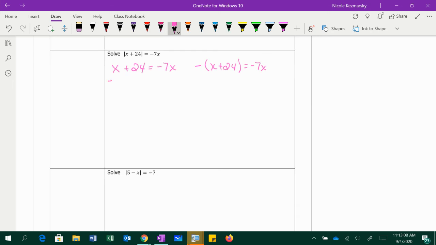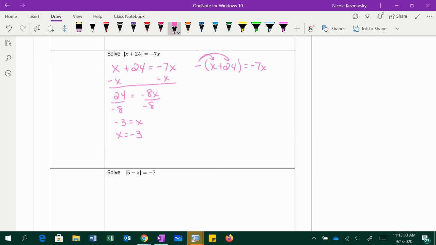So then I'm going to subtract my x on the left-hand side and get 24 equals -8x. Divide by -8 and get -3 equals x, or x equals -3. Now don't discount this one just yet. Let's solve the other one and then we'll talk about it.